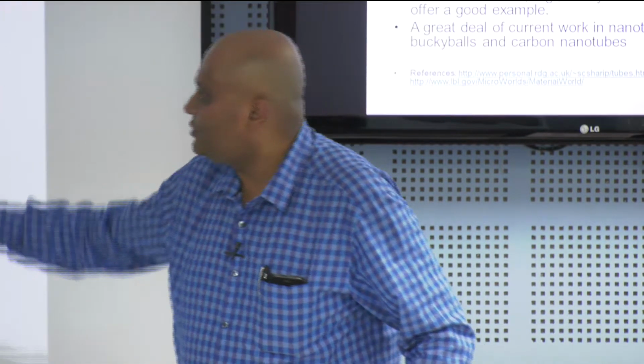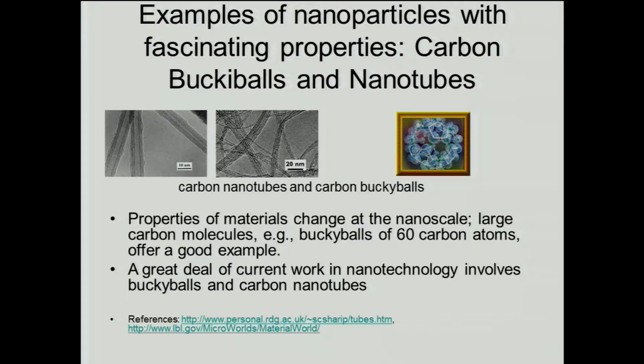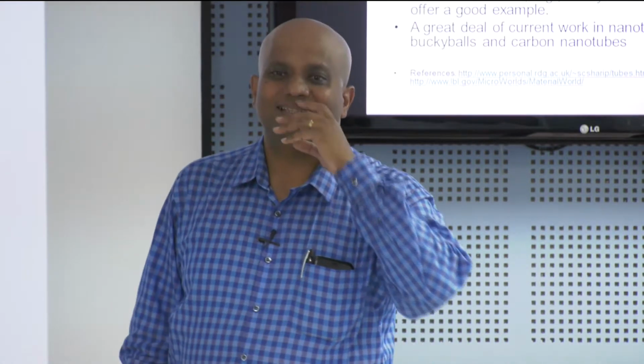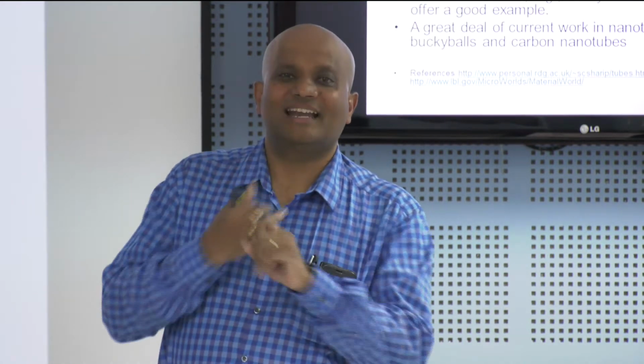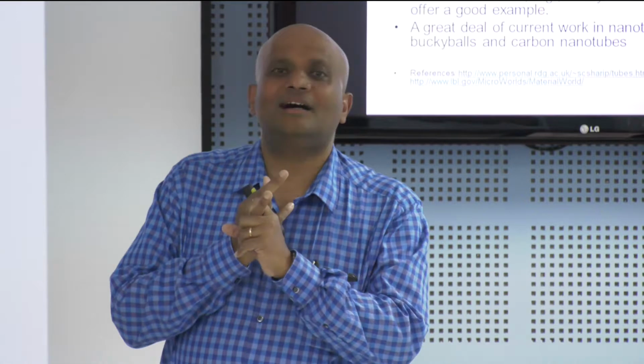Nanotubes also have unique properties. We talked about mechanical properties, now about electrical properties. Nanotubes have very interesting electrical properties. Anybody knows about that? A nanotube can be both a conductor as well as a semiconductor.